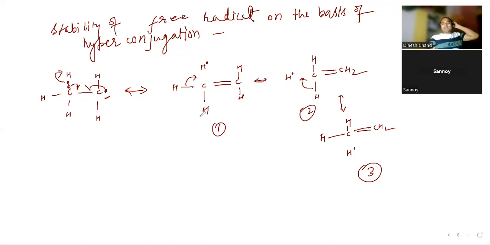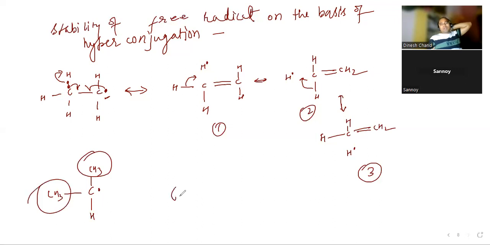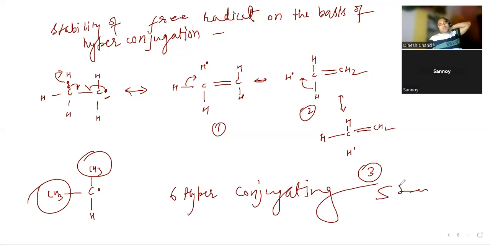So three hyperconjugating structures, right? Suppose I ask how many hyperconjugating structures are possible for this compound? Can you tell me? 3 with this methyl group, 3 with this methyl group. So 6 hyperconjugating. Yes or no? Yes. So 6 hyperconjugating.